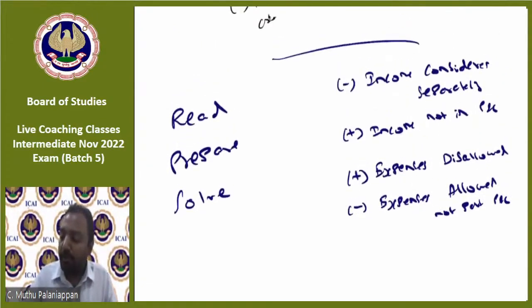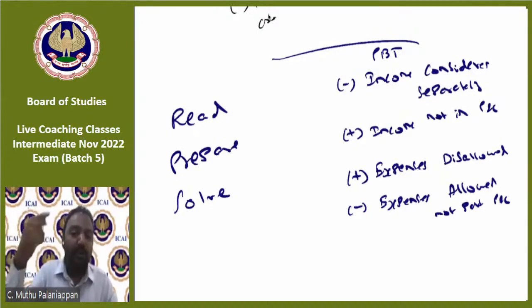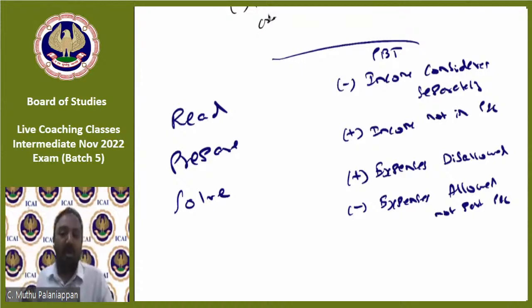So this is what you do from profit before tax. From the profit before tax in your profit and loss statement, you reduce income considered separately, you add business income to be considered now, you add expenses that are disallowed, and you reduce expenses that are allowed but not part of P&L. So these are the 4 adjustments: 2 reductions, 2 additions. 2 for income, 2 for expense. 2 disallowances, 2 allowances. Clear? How simple it is, right? Everything is 2.